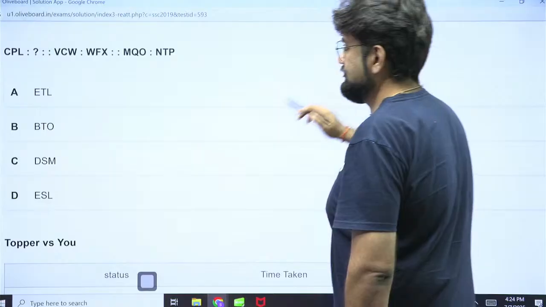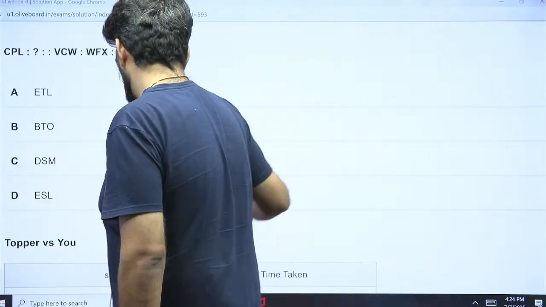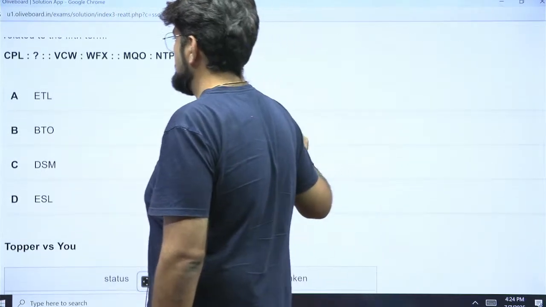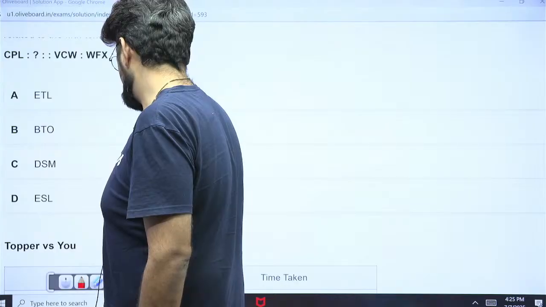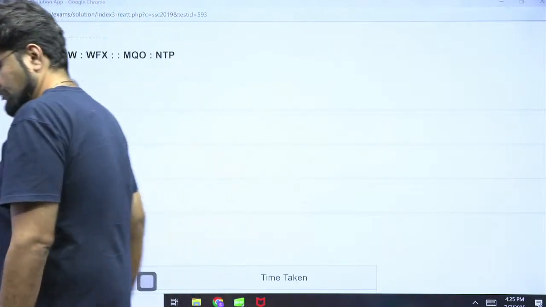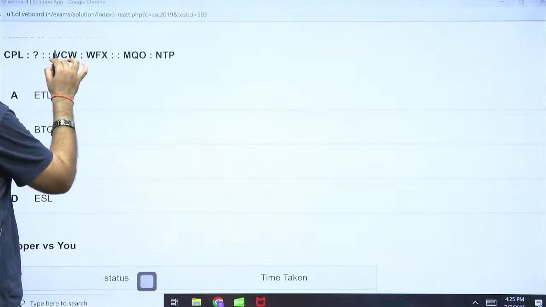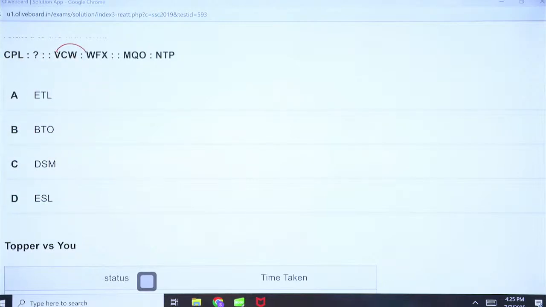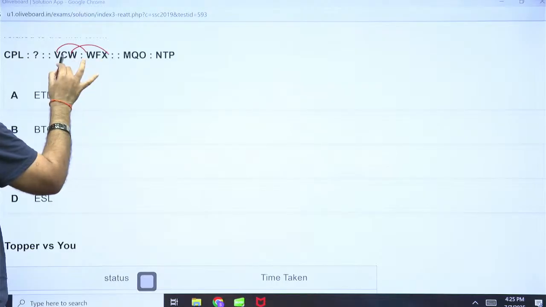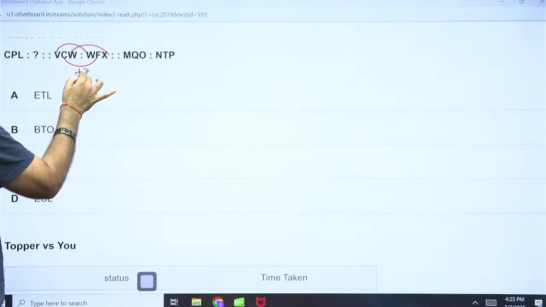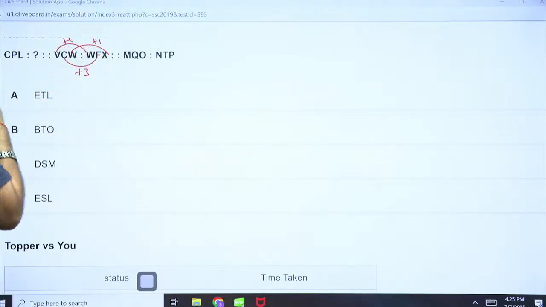Letter analogy. 22 seconds is what the topper has taken. So it's pretty easy. Okay. So we have V and W, 22, 23, 23, 24, and this is 3 plus 6 plus 3 plus 1 plus 1.